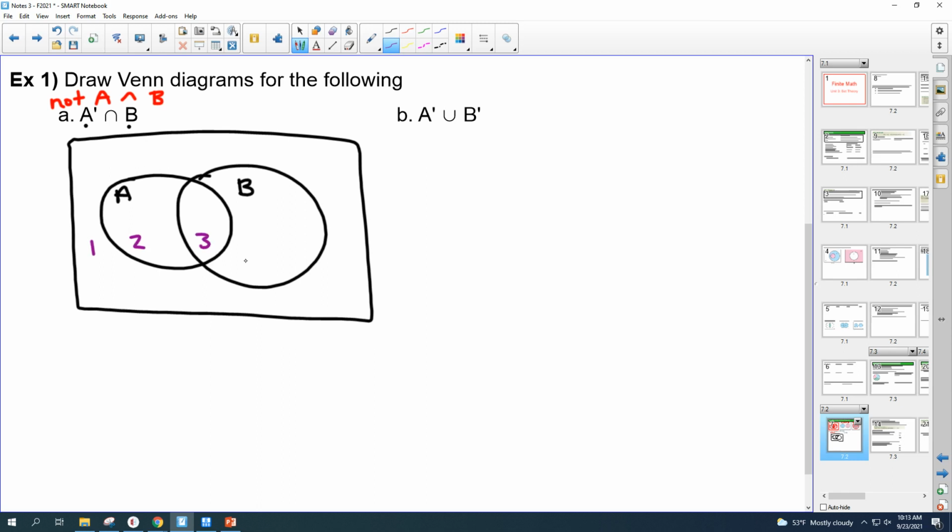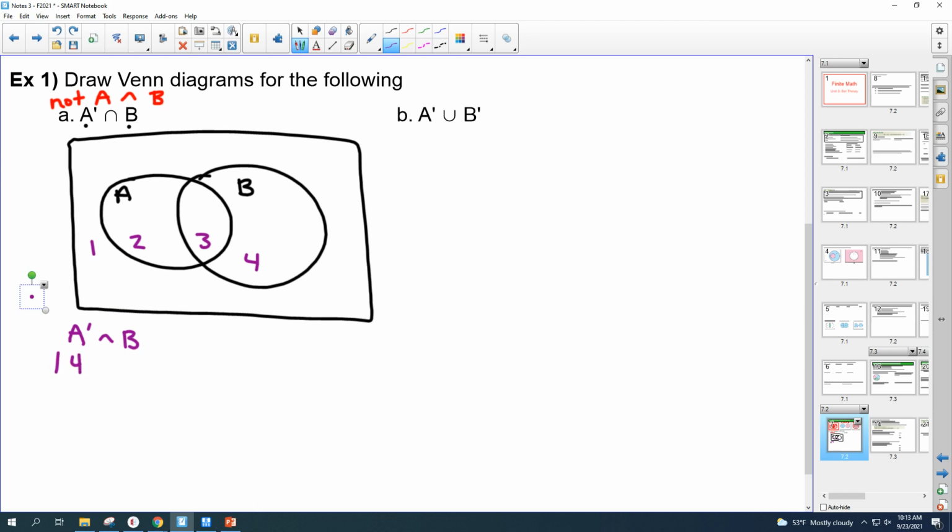1, 2, 3, 4. There are 4 separate regions on this graph. And so I'm not gonna try to visualize. I'm gonna do an analysis on the numbers. So when I see not A and B, well, think about the numbers. Which numbers are not in A?